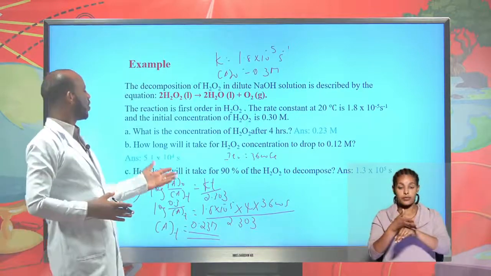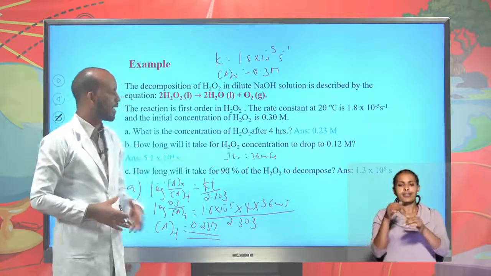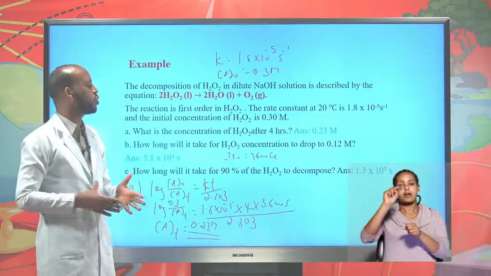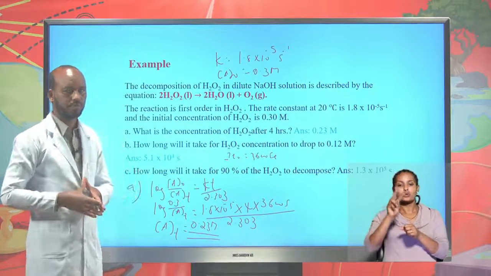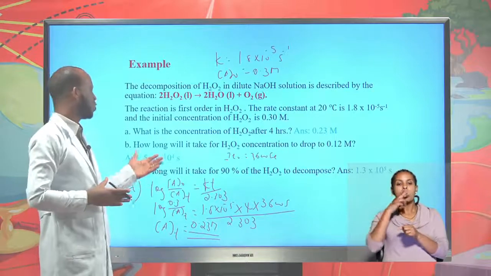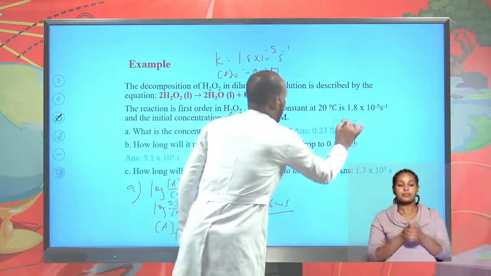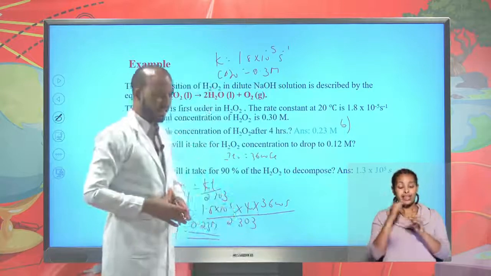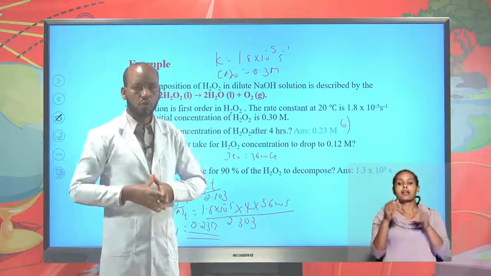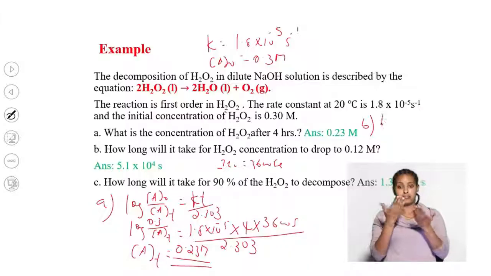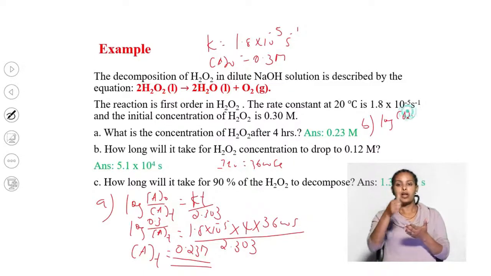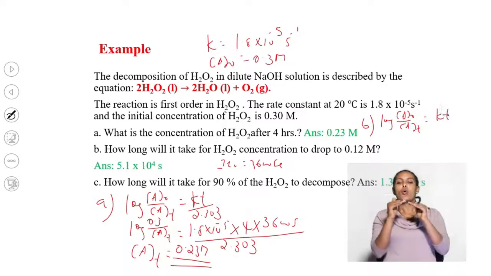B. How long will it take for the hydrogen peroxide concentration to drop to 0.12 molar? You are asked to calculate time. From the integrated rate equation for a first order reaction, we have log of initial concentration divided by concentration of M at time t equals Kt divided by 2.303.